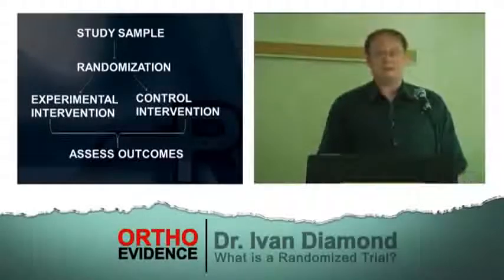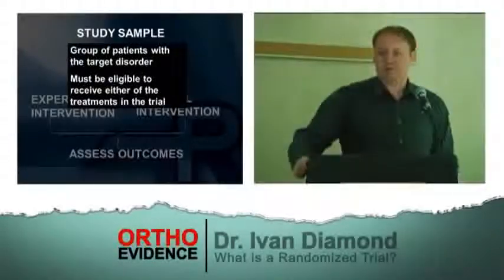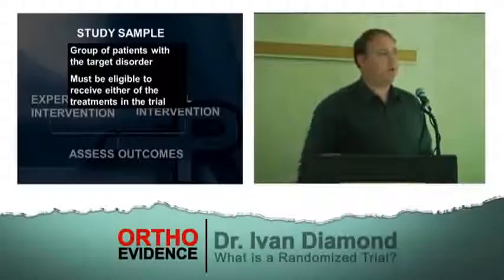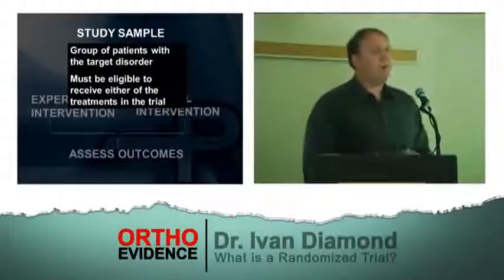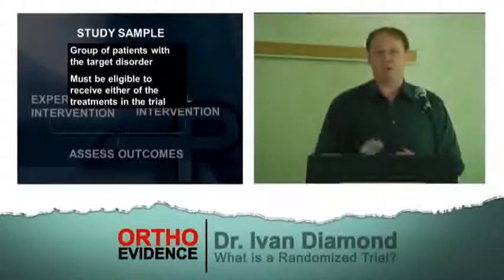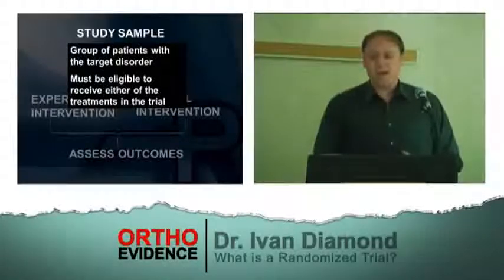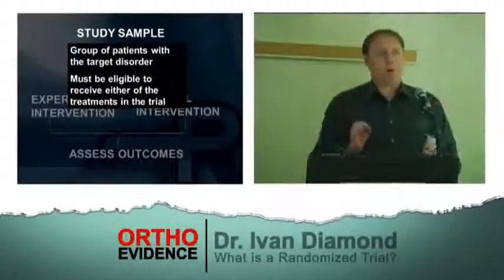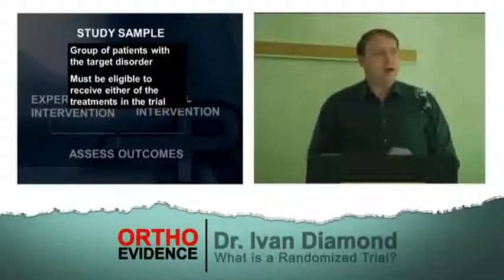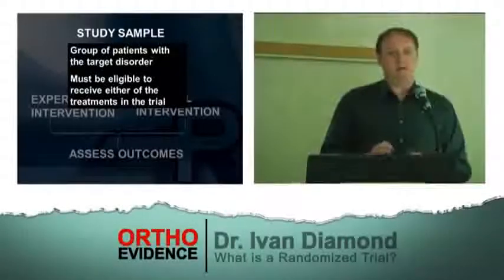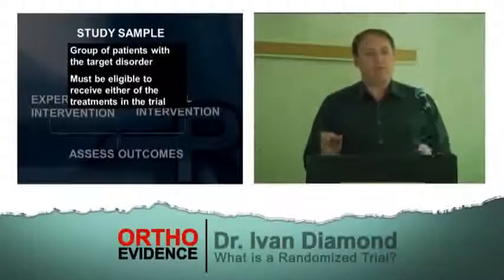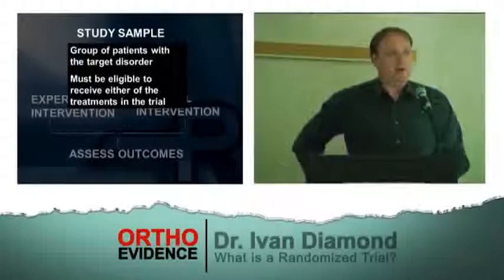So the first thing is that the study sample is a group of patients with a target disorder. And then the second point in this box is what I think is probably the more important thing, and that is that prior to enrollment in the trial, the patients need to be eligible to receive either treatment being evaluated in the trial.